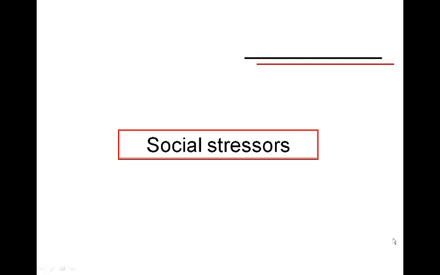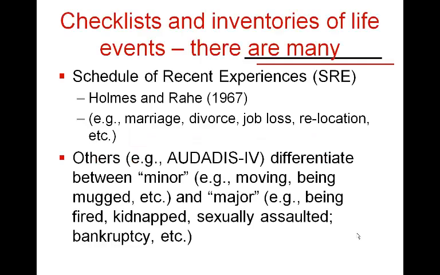Okay, I'd just like to flesh this out a bit more, provide some examples of the types of social stressors that are often used in social epidemiology and related research. There are many different checklists and inventories of major life events.